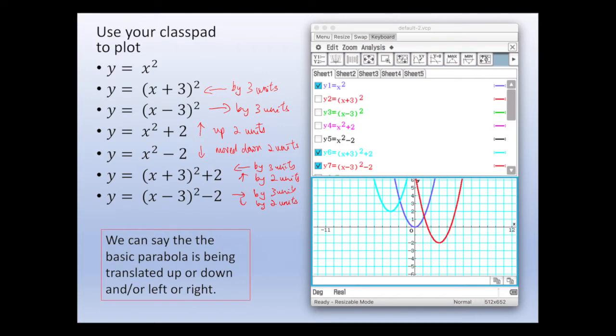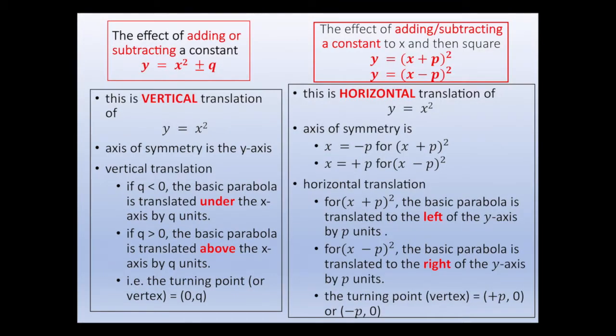Alright, so therefore we can say that the basic parabola is being translated up or down and left or right. Now, this is the effect of adding or subtracting a constant. So this is actually a vertical translation when we add or subtract a constant.